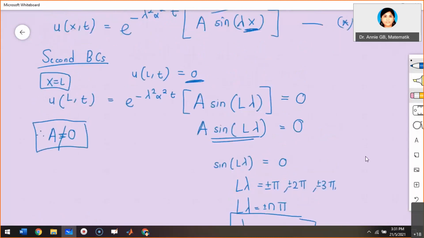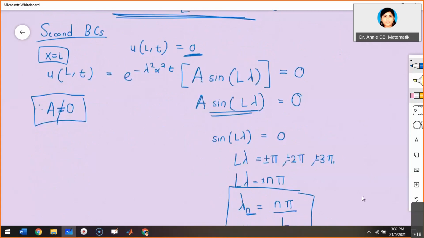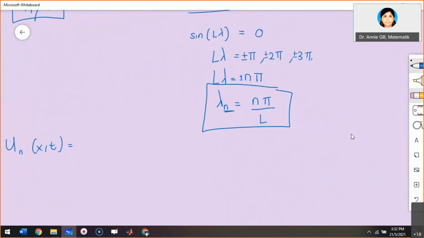Nampak je lambda, saya akan tulis sebagai n pi over L. So, kita ada eksponen negatif lambda_n squared t, A_n sin lambda_n x.